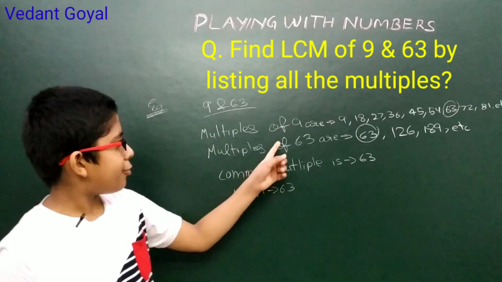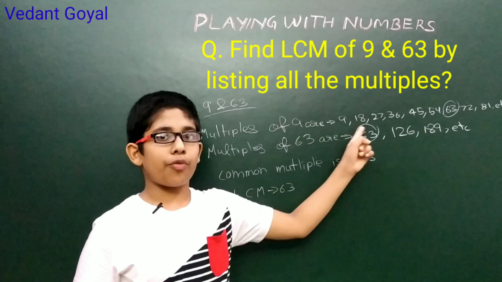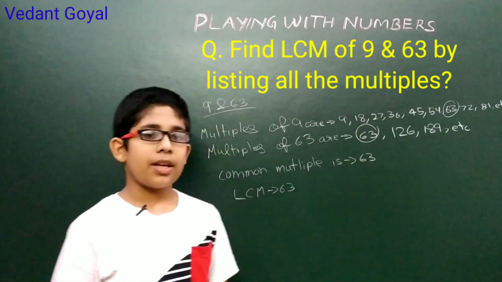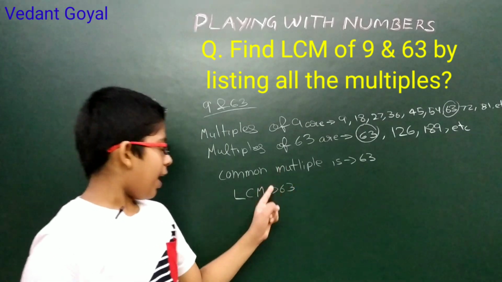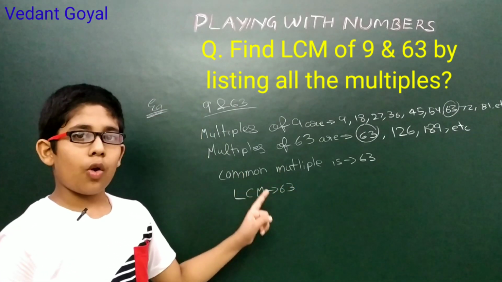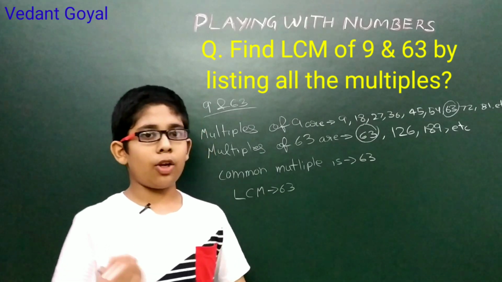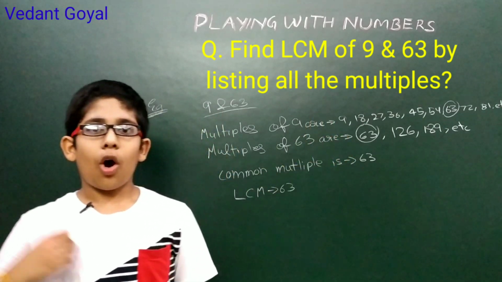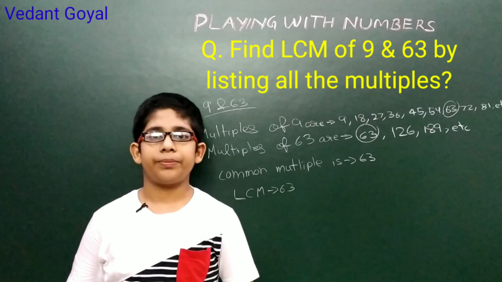What we have done? First we found the multiples of all the given numbers, then we found the common multiples, and then we found the lowest common multiple, the lowest number which is a common multiple of both or more than two numbers.